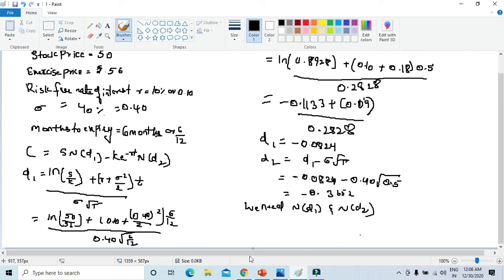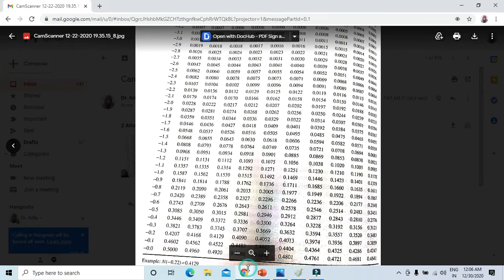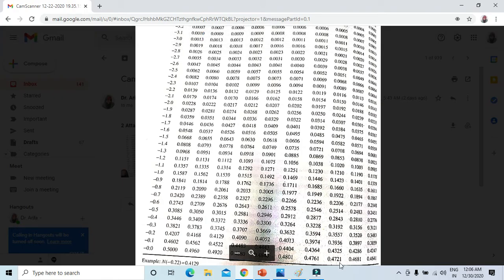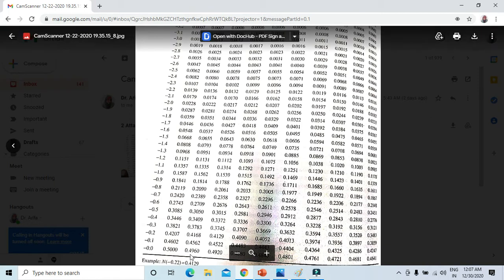So here, to calculate ND1, D1 you need to locate in the minus 0.08 row. Let me show you this. Minus 0.0 under 8, here it is 4 6 8 1. If you check out this table value, minus 0.08 is the value. So you need to equate here only minus 0.08.